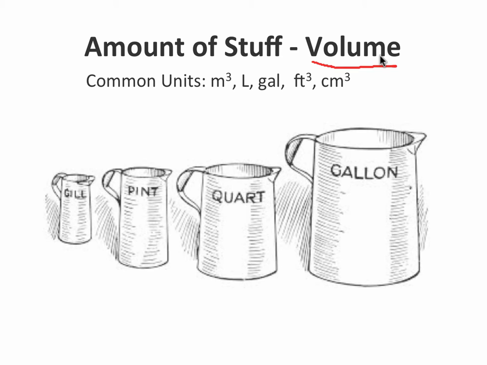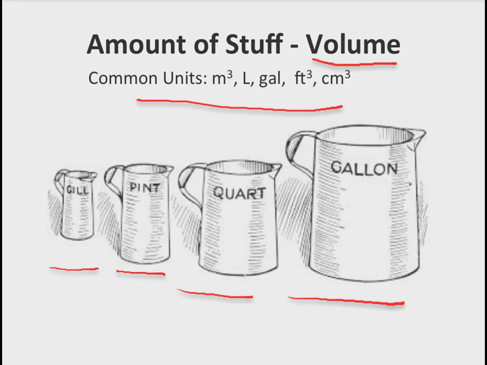Here I have an example of different containers: gill, pint, quart, gallon, etc. These are all containers in English units, but we might have containers in liters, milliliters, etc. And listed here are common units we may encounter in the course: meters cubed, liters, gallons, feet cubed, centimeters cubed, etc. And again, they just measure the size of something. These should be familiar concepts that you know about.